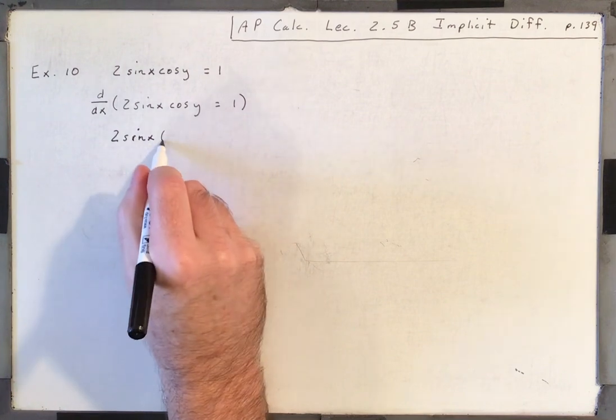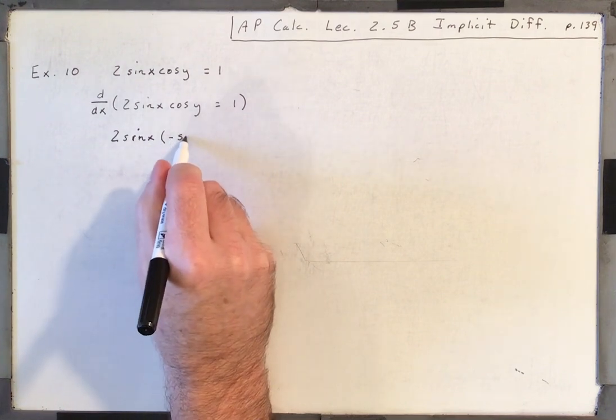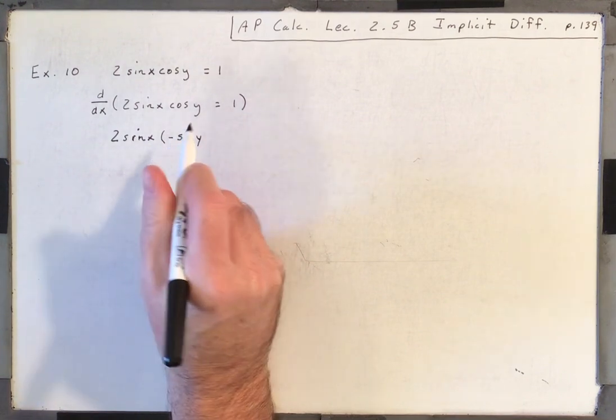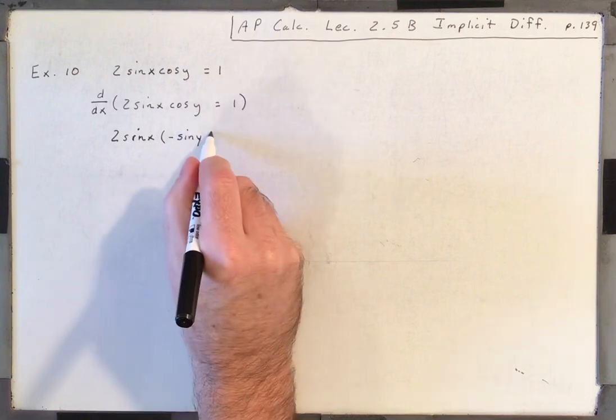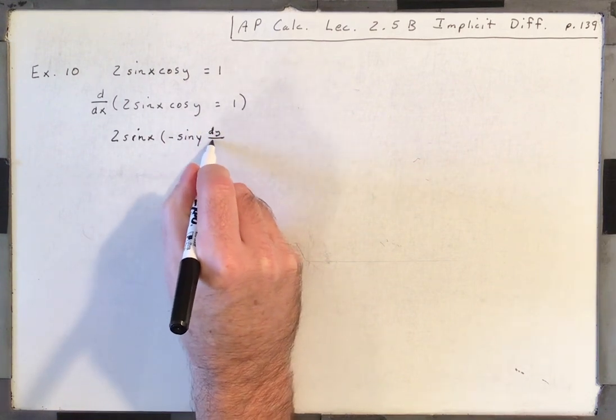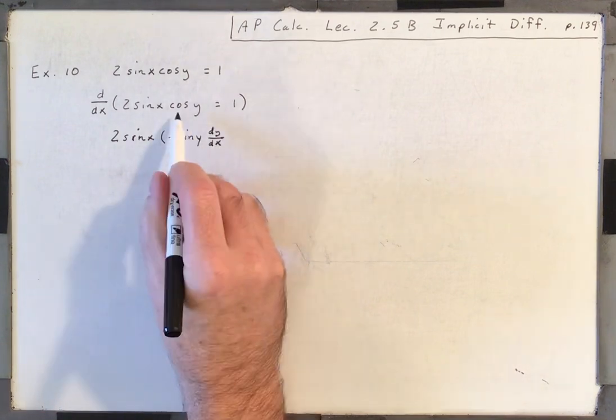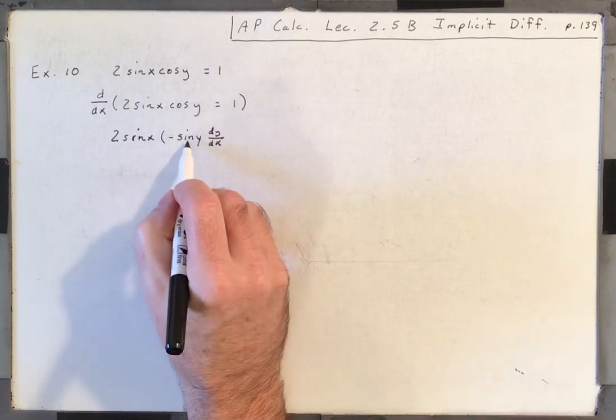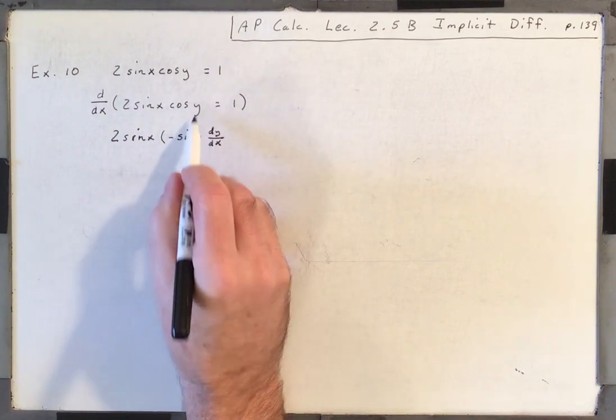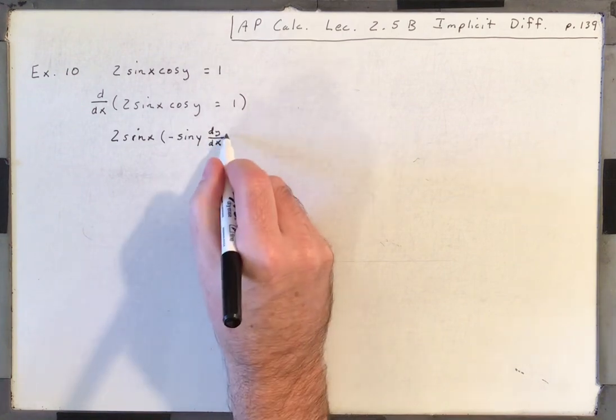So that would be times negative sine y. But anytime you have a y, we have a dy dx. So derivative of cosine is negative sine, and then the derivative of y is dy dx.